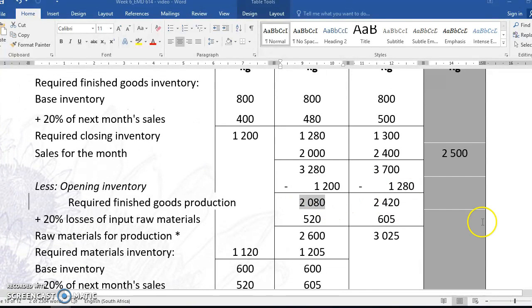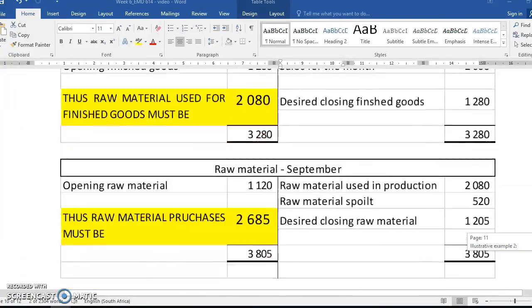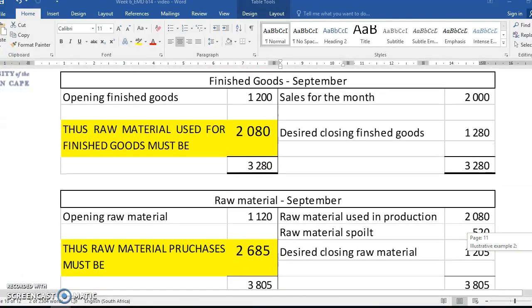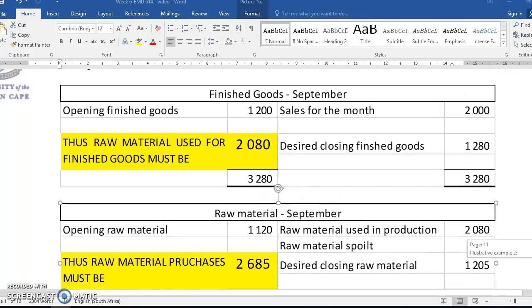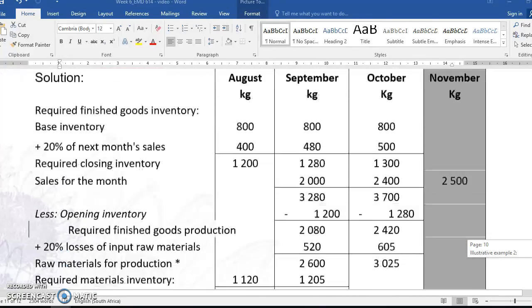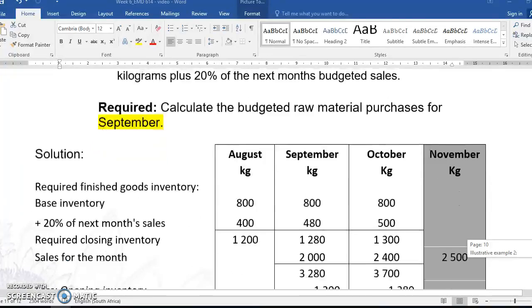Okay, so just a reminder of how we got the 2,080. We said sales plus closing minus opening gives us 2,080. We divide by 80%, and we got the 2,080 and the 520. We're going to have to do the same thing for the next month, which is October.